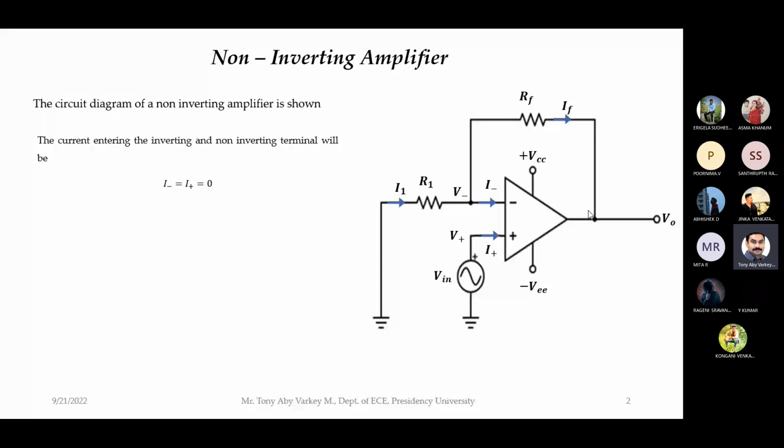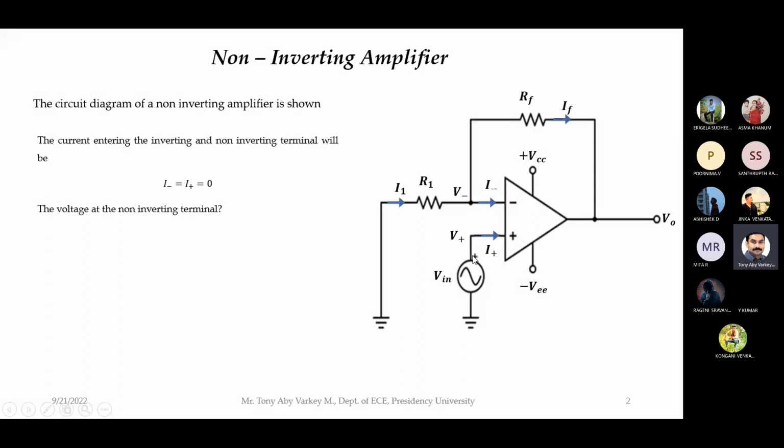Now looking at the figure, can you tell me what is the voltage at the non-inverting terminal? V plus equal to 0? V plus is not 0, right? Check. The non-inverting terminal is connected to what here?